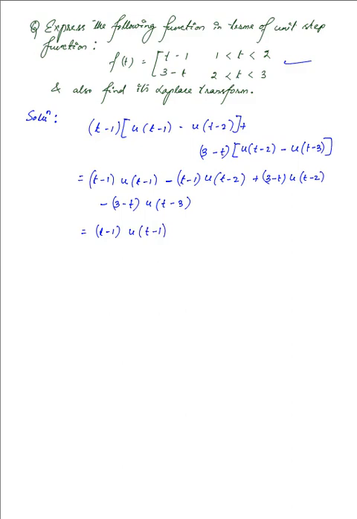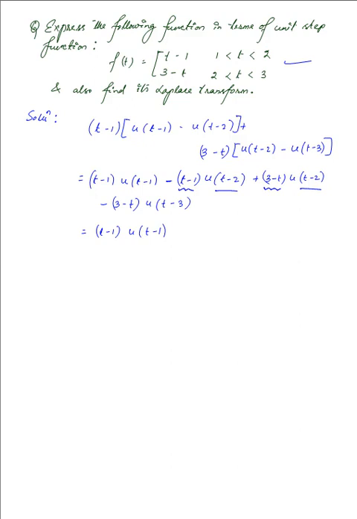and we bring the common term u of t minus 2, and then if we evaluate minus of t minus 1 and 3 minus t, we get 3 minus t minus t, which is 3 minus 2t, and plus 1 is 4 minus 2t.